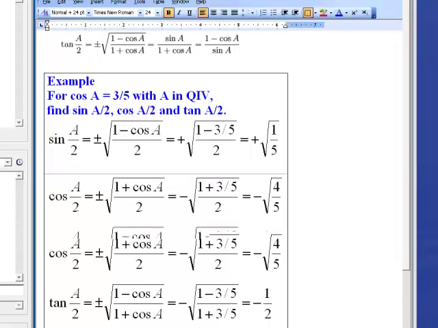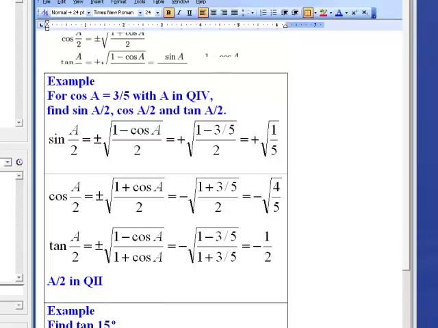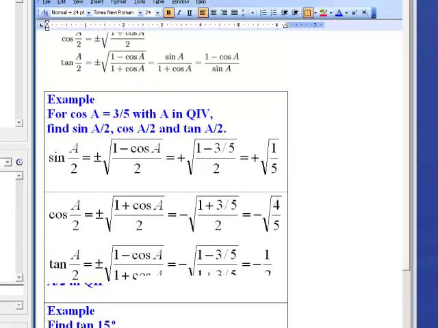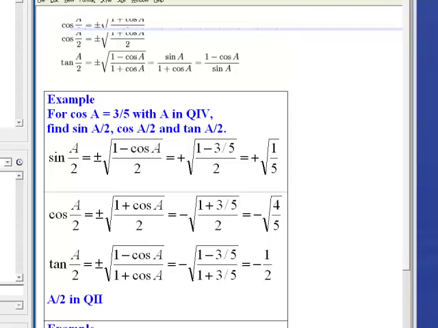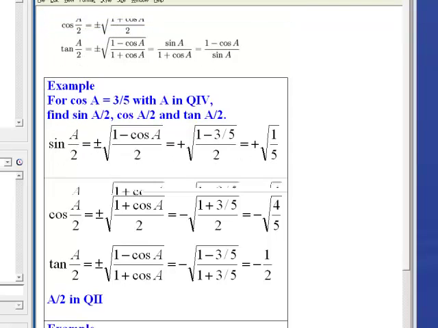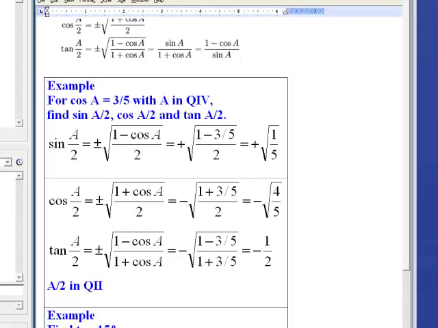And one more example where we determine tangent of 15 degrees. What's tangent of 15 degrees? Well, I use the equation editor again. This here is the identity. We have tangent of 15 degrees equals tangent A over 2.